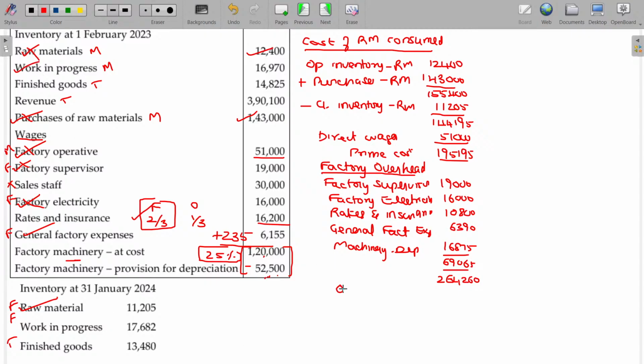Opening work in progress 16,970. So after adding that, the value being 2,81,230 minus closing work in progress 17,682. Then the value you get here is called cost of production.